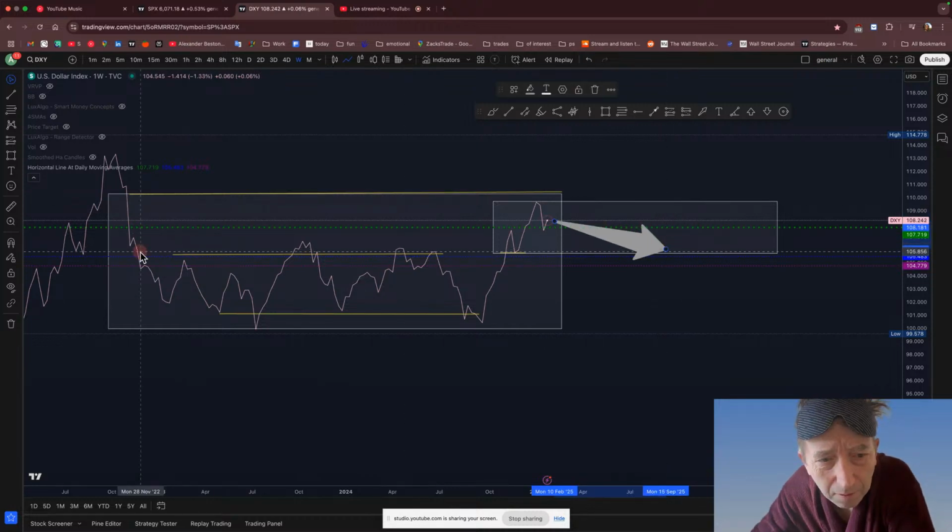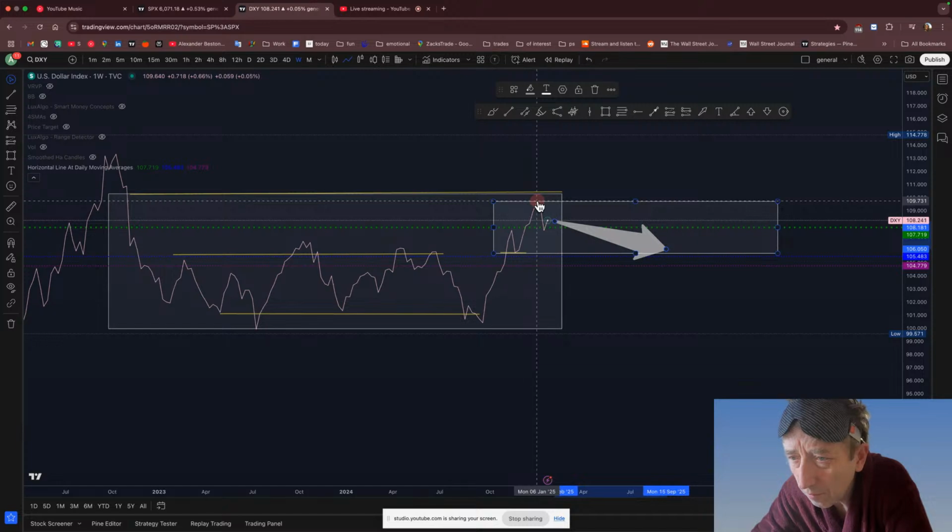And this is a fairly solid resistance here. It was resistance, now it's support here. It's swapped. And now we have only one test of support, 109.763.